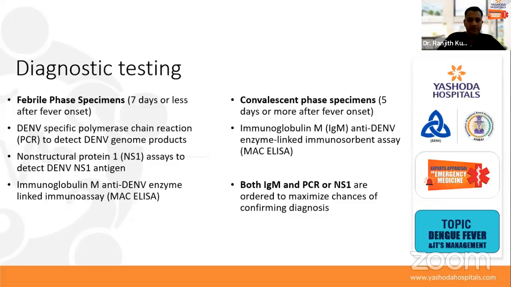So coming to diagnostic testing. In the initial 5 days, there are different diagnostic tests available, like NS1 antigen, or an IgM or an IgG specific to the dengue virus. During the initial period, NS1 is more specific. Then comes IgM and then comes IgG.